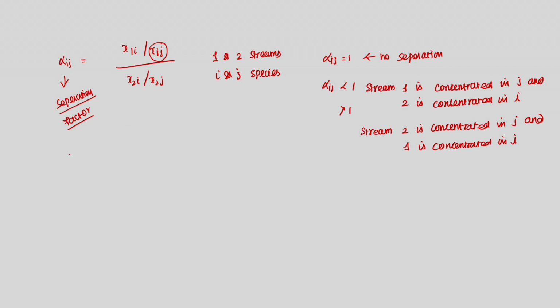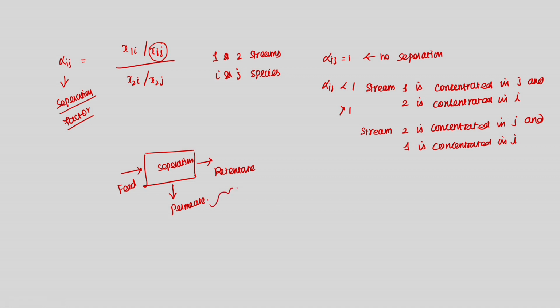So, then for the separation, what is the requirement, right. For example, this is a separation process. We send feed, and the feed is converted into retentate and permeate, right.